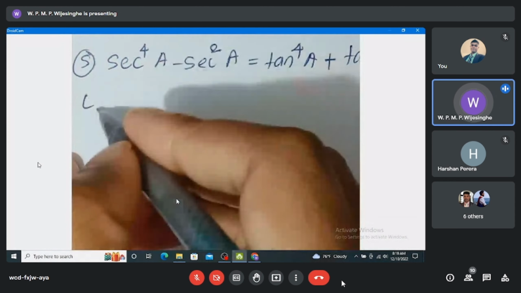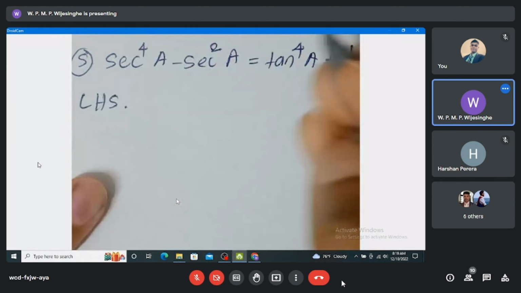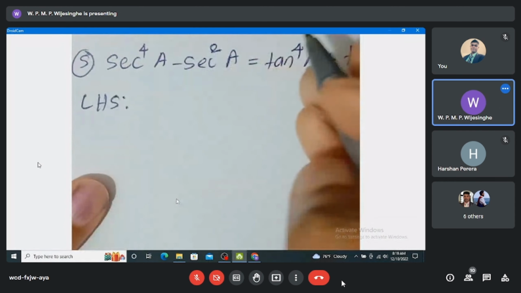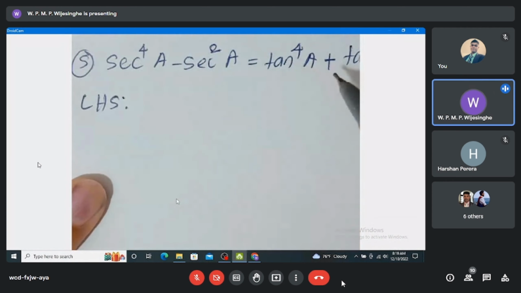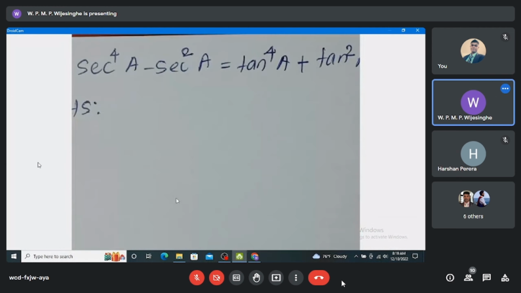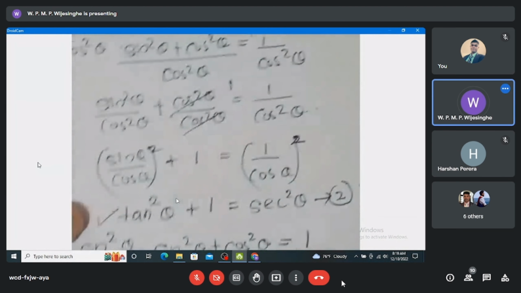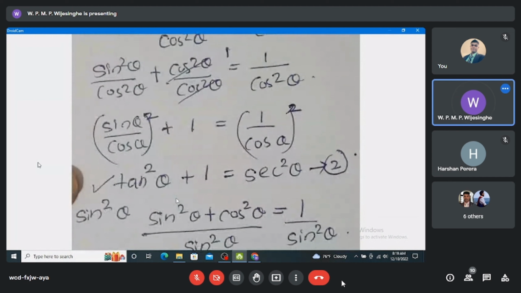I take the left hand side here. You know the relationship that I taught you earlier, the relationship between tan and sec. It is here. Tan square A plus 1 is equal to sec square A.